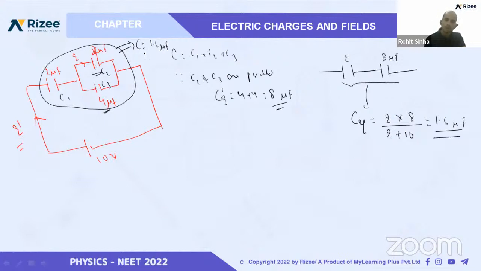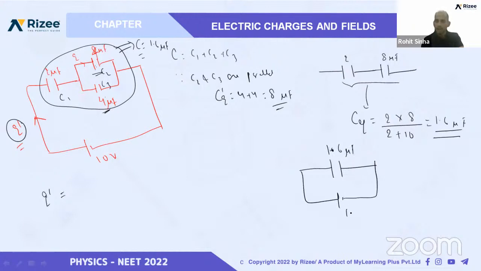Now we know C is equal to this one. We will write Q dash. Now the circuit became like this. The whole capacitance reduced like this. We have a single capacitance of 1.6 microfarad, attached with a cell of 10 volt.